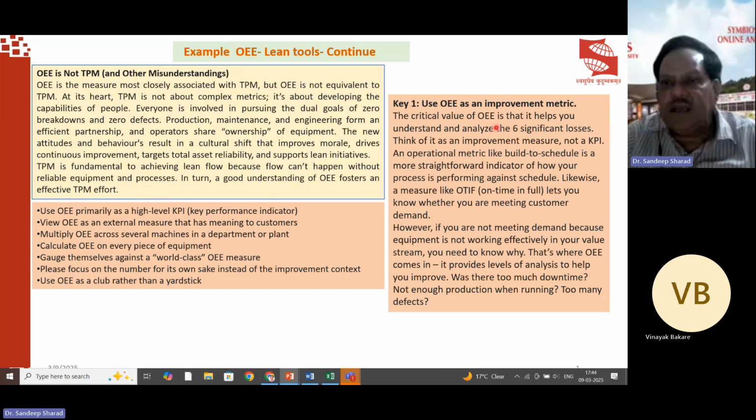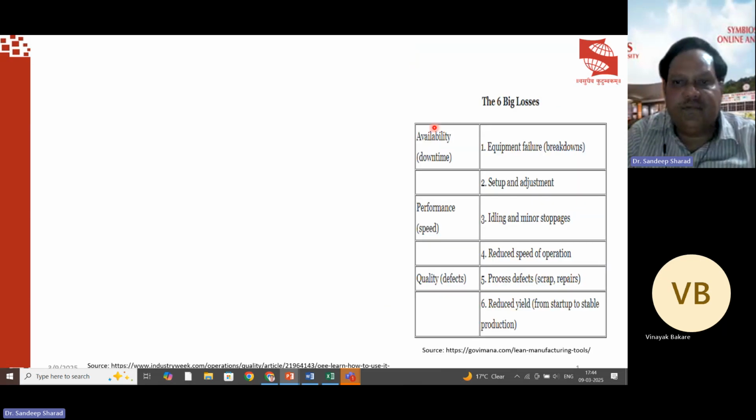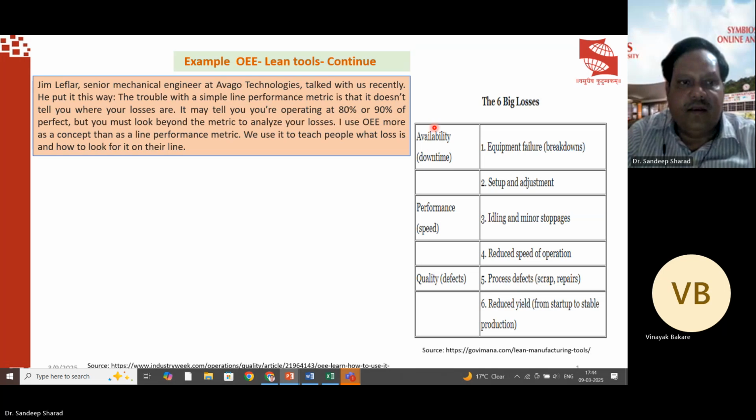Use OE as an improvement metric. That is an aspect. Jim Lefford, senior mechanical engineer at Avago Technologies, talked about the trouble with the simple line performance metric, that it does not tell you where you are losing. It may tell you that you are operating at 80%, 90% of perfect, but you must look beyond the metrics to analyze your losses.